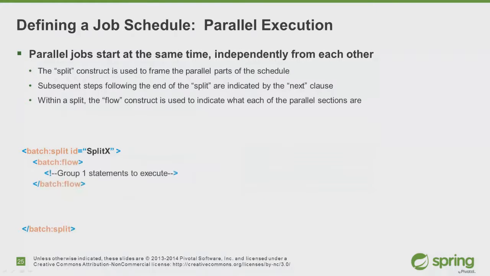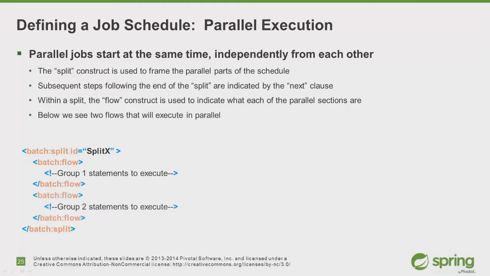Within a split, the flow construct is used to indicate what thing is going to execute in parallel with something else. So, within the first split, split X, we see that there is a flow statement that identifies group 1. And I've just used a comment. There'll be a bunch of statements in there, but these are the things that are supposed to execute on the first flow of the split. And then we see another flow, which is made up of a bunch more statements identified by group 2.